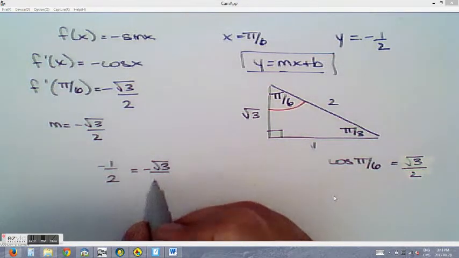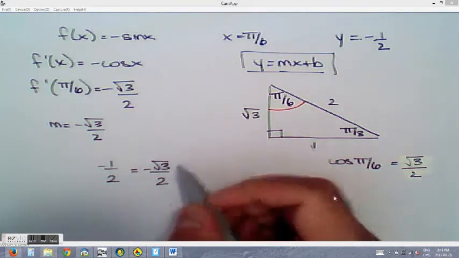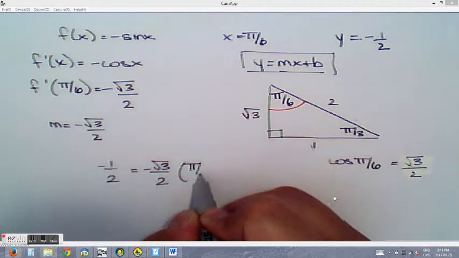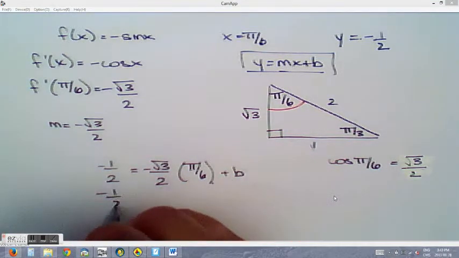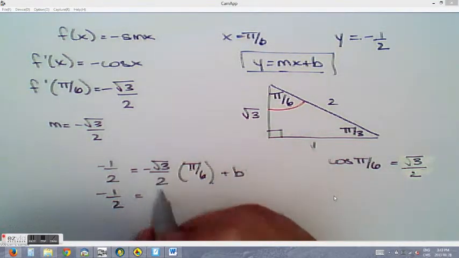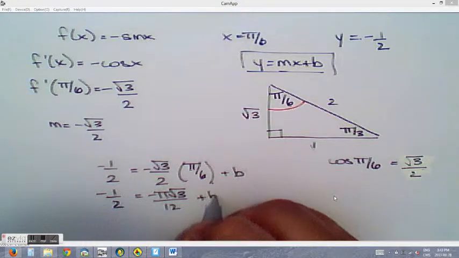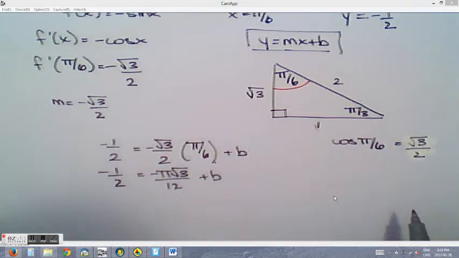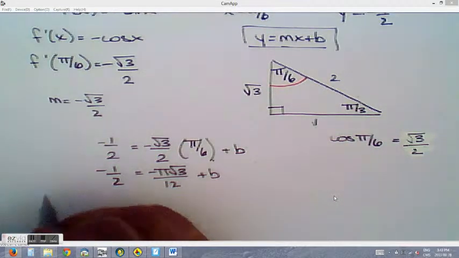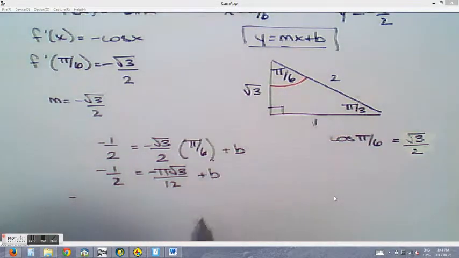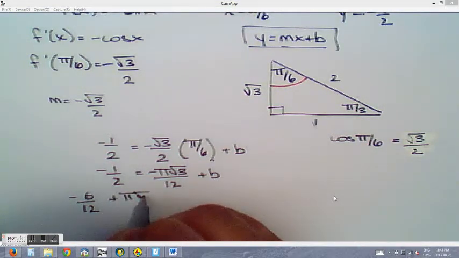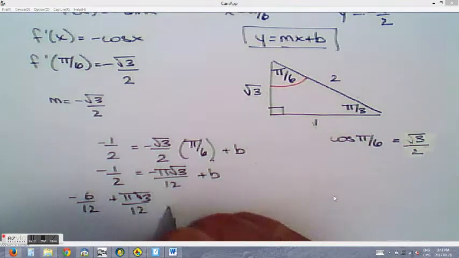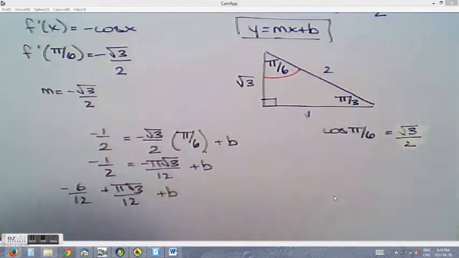Yes, it is going to be a little bit sloppy, but that's okay. Times pi over 6, plus b. So negative a half is equal to negative pi root 3 over 12 plus b. Changing to common denominators, negative 6 over 12, moving this over, plus pi root 3 over 12 equals b.